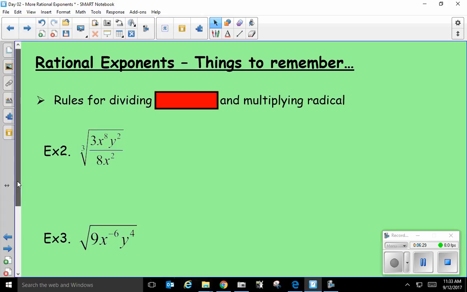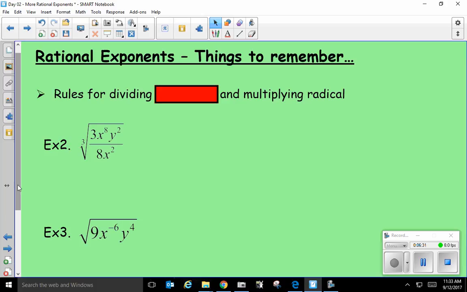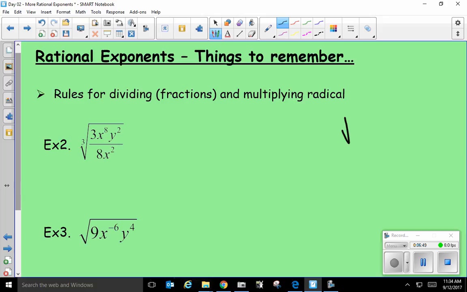All right. Rational exponents, things to remember. Rules for dividing fractions and multiplying radicals and all that jazz. Now, who can tell me, if I have a square root with a fraction underneath it, we'll call it a over b, what is that equal to?